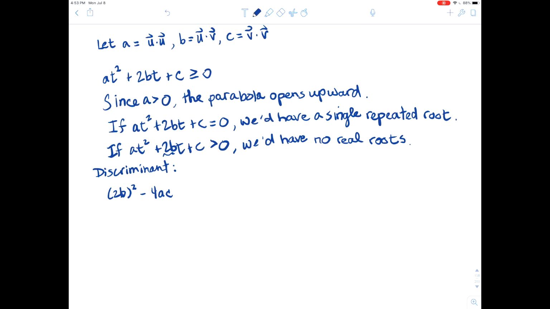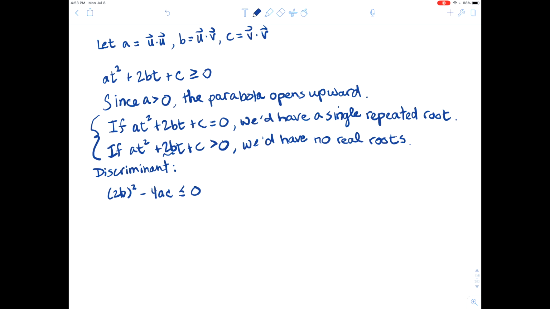If I know that it's either a single repeated root or no real roots, that means that you'd get a 0 or a negative in the discriminant for the quadratic formula, right? So it would be less than or equal to 0 with the combined knowledge those two give us.